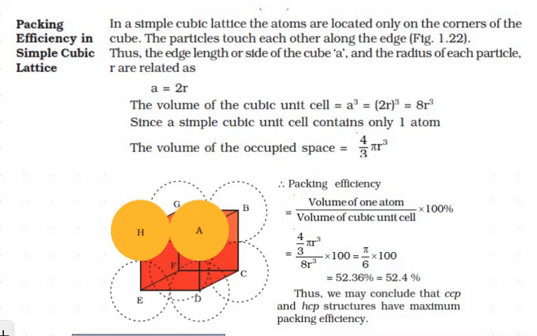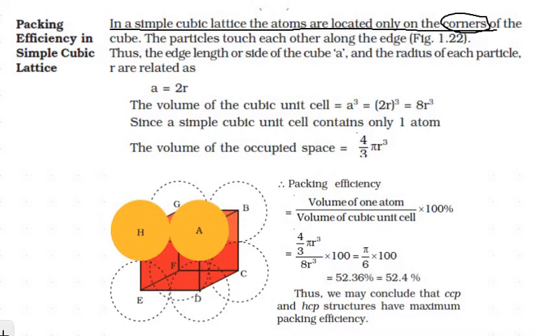So let's move. It says in a simple cubic lattice the atoms are located only on the corners. That means imagine a room or a classroom where you are sitting.